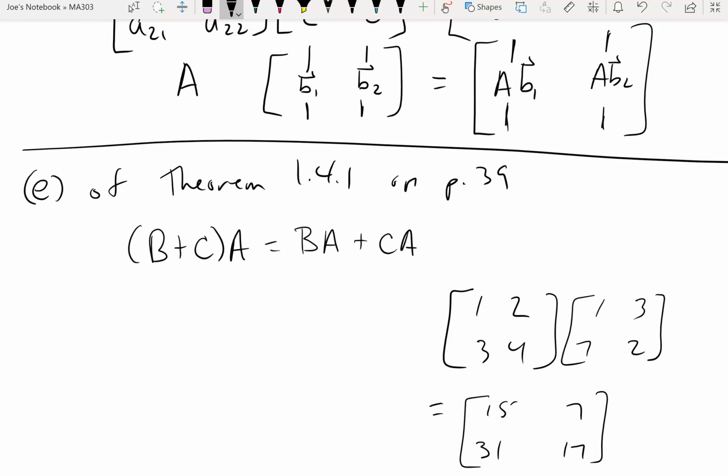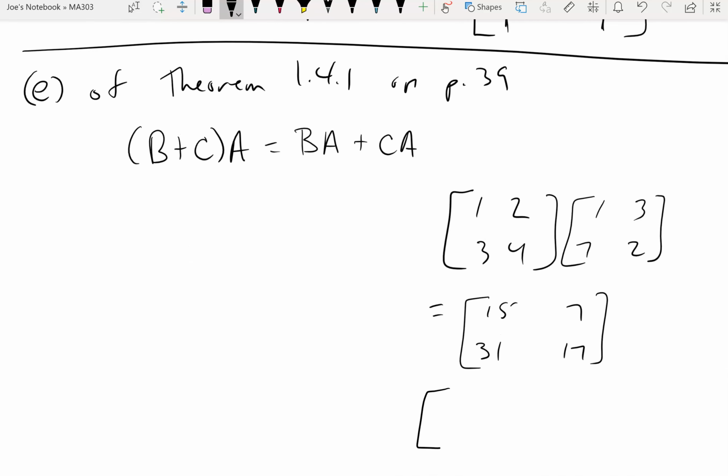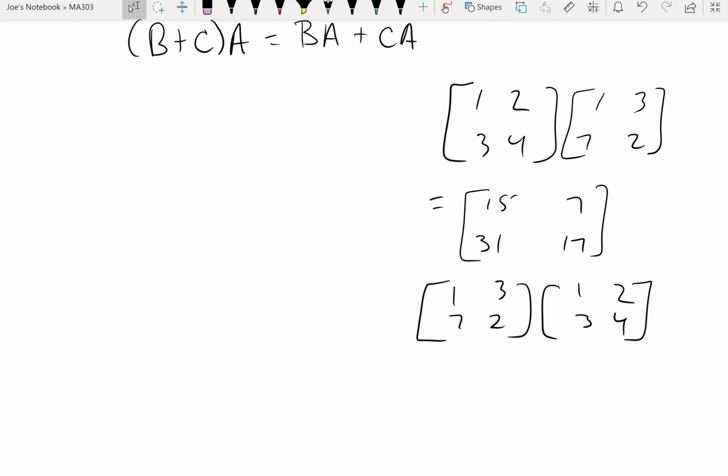Okay. All right, but if I go the other way, we did mention the other day that sometimes matrix multiplication is defined one way but not the other, right? Because you have to have the right number of rows and columns to be able to get things to match up. But even if we can multiply both ways, we don't necessarily get the same answer. 14 and 8 is 22.